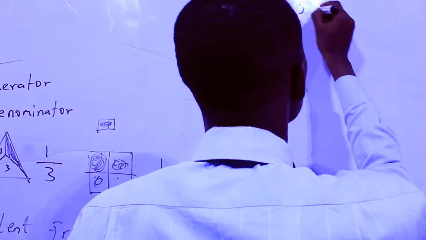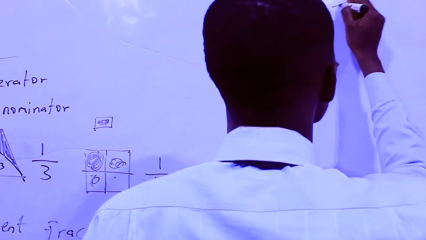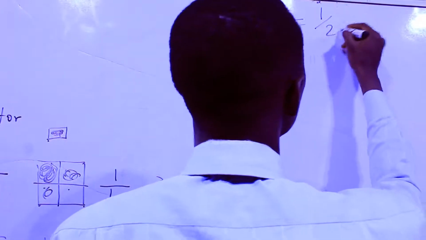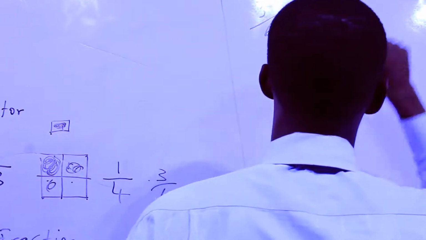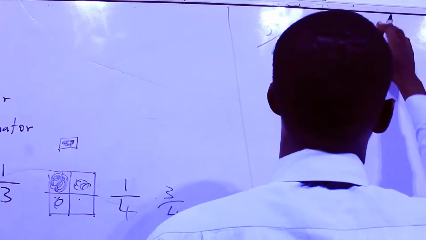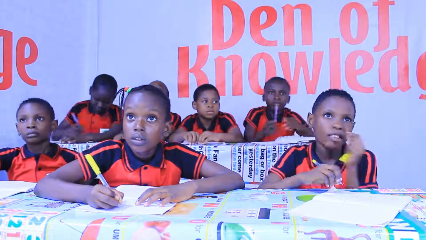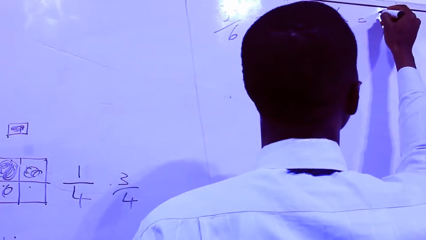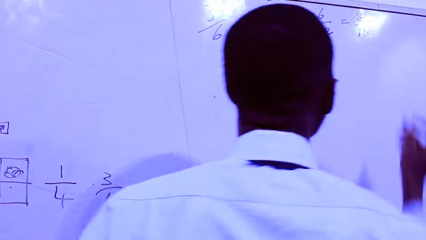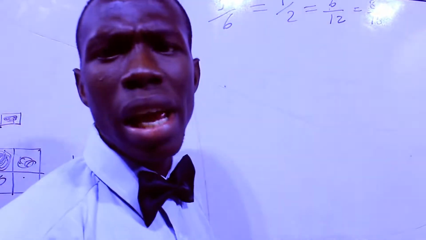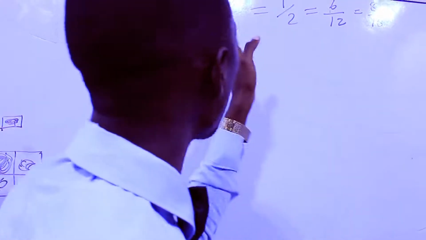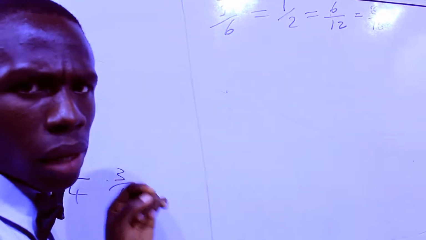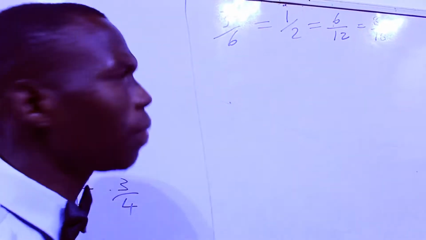I can have 3 over 6, the same as 1 over 2, the same as 6 over 12, and the same as 8 over 16. Why? Because if I divide all these, I will be getting something.